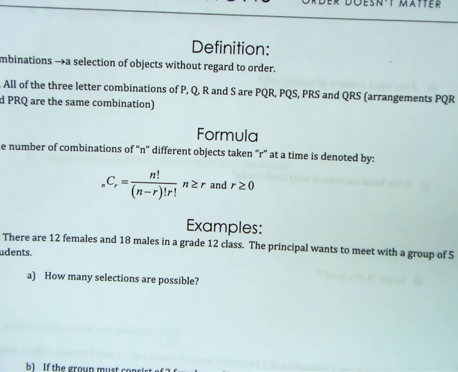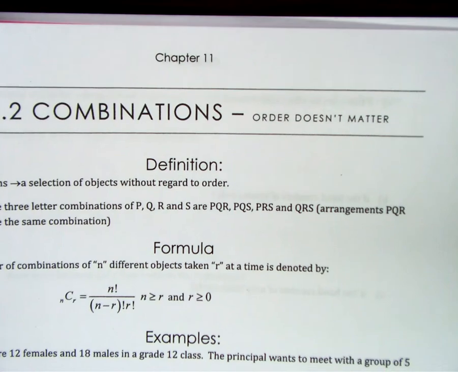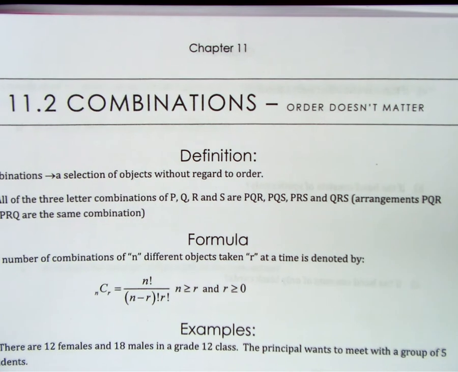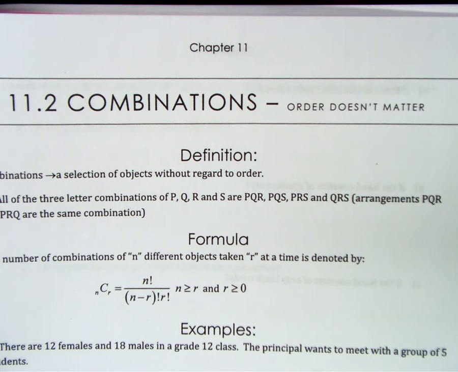Okay, so the big difference between combinations and permutations is that order doesn't matter. I just kind of explained that. Combinations is a selection of objects without regard to order.